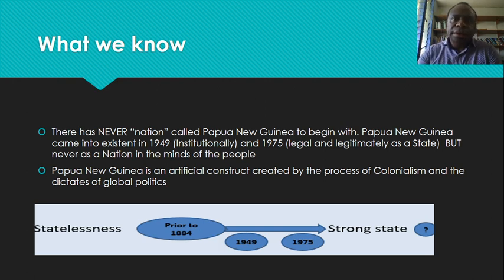Prior to 1884 it was stateless, and not until 1949 did both territories, called the Mandated Territory, unite as Papua and New Guinea, and then in 1975 Papua New Guinea got its independence. So we may call Papua New Guinea an artificial construct created by the process of colonialism and the dictates of global politics.